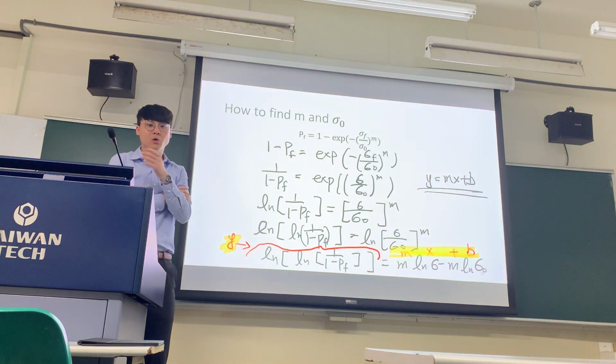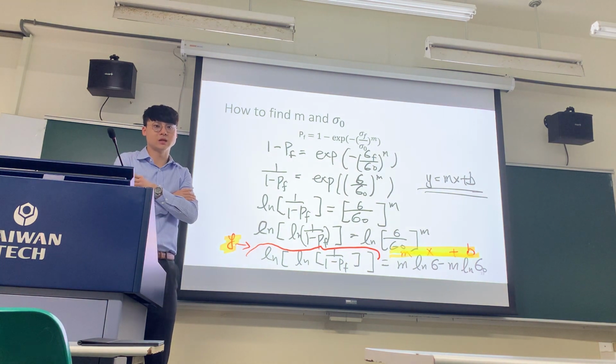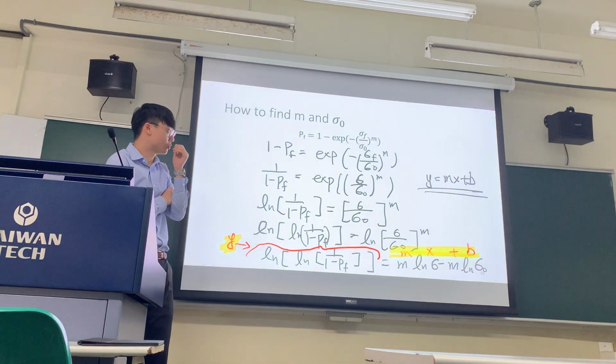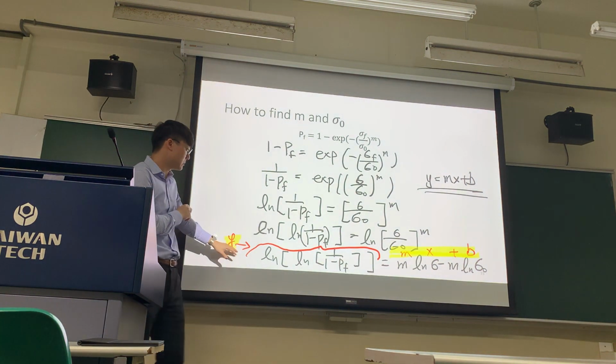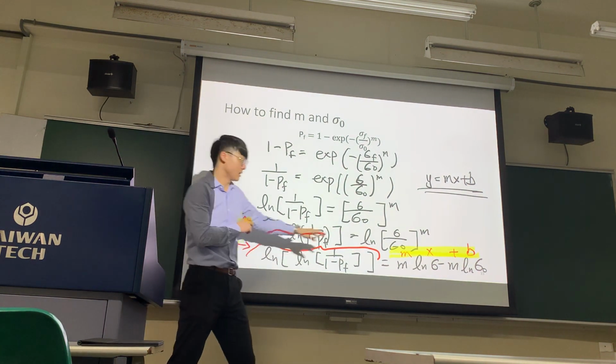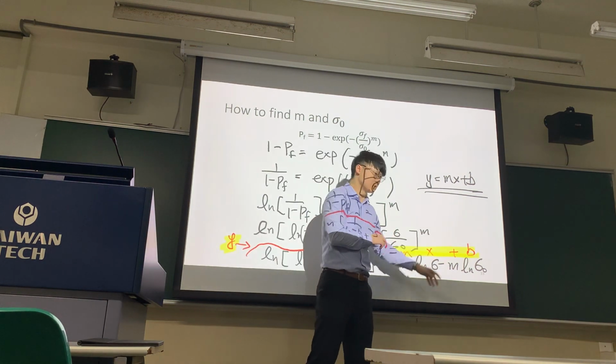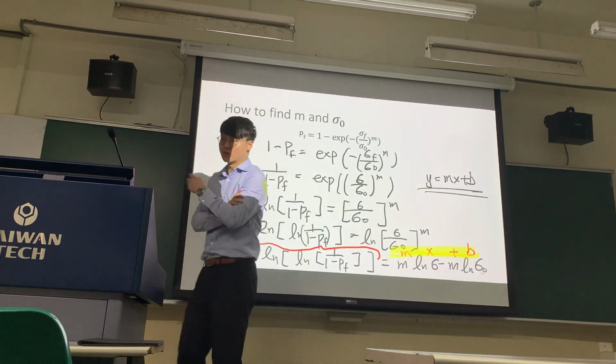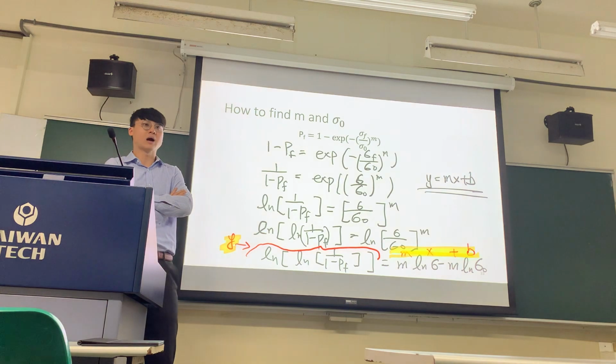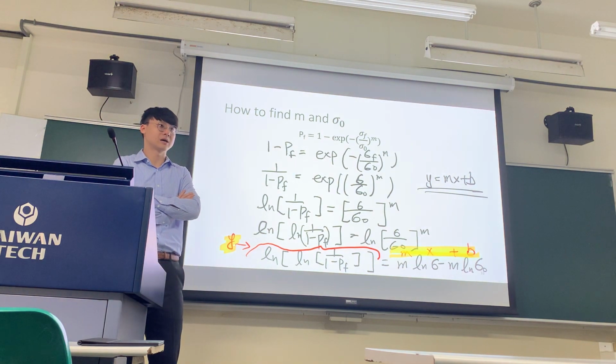The importance of doing this is that later, when y means this chunk of stuff, and m, x and b, all these numbers, we can then draw points on the graph to determine the lines. I'll explain that a little bit more on my next slide.